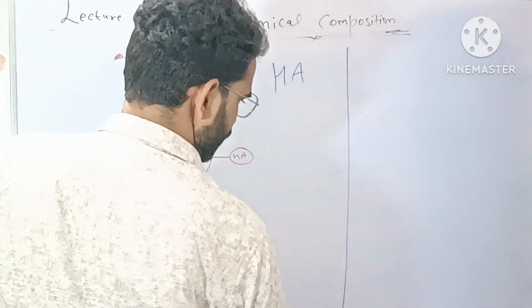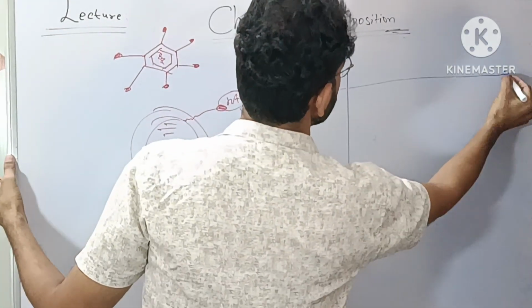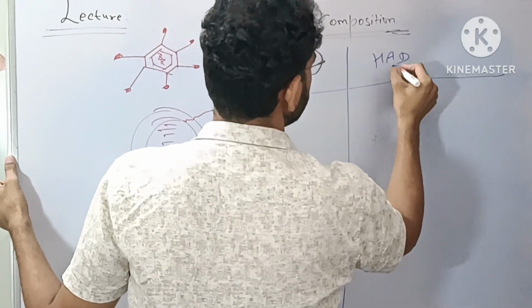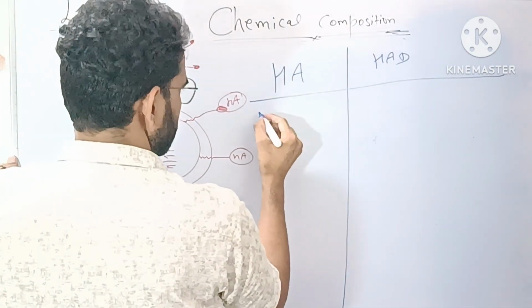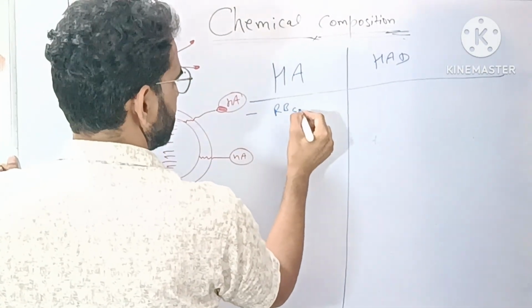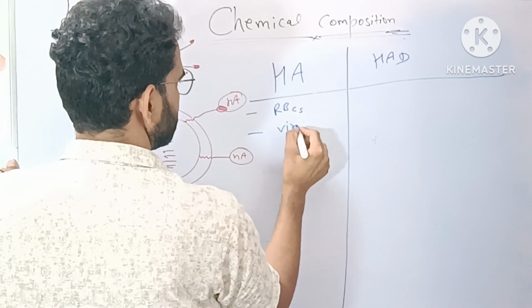So there are two phenomena, hemagglutination and hemadsorption. These phenomena require red blood cells and virus.